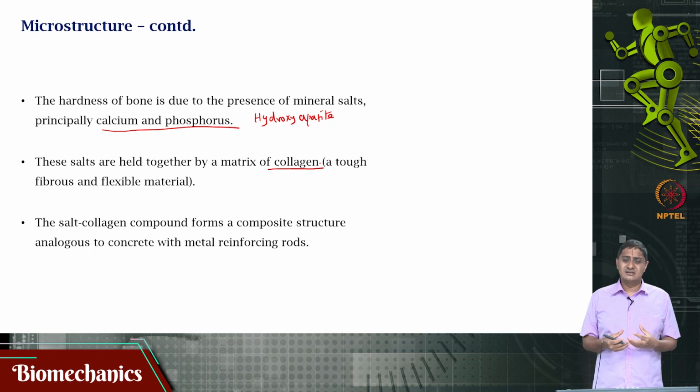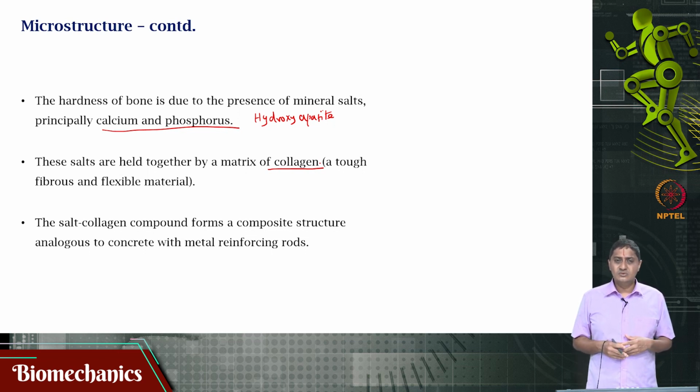This combination between the hard hydroxyapatite and the soft collagen fibers is similar to the composite structure that you can find in concrete with metal reinforcing rods. So, you have reinforced concrete, right?